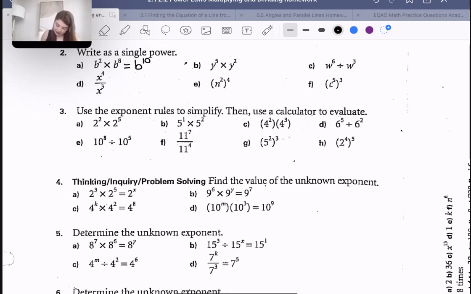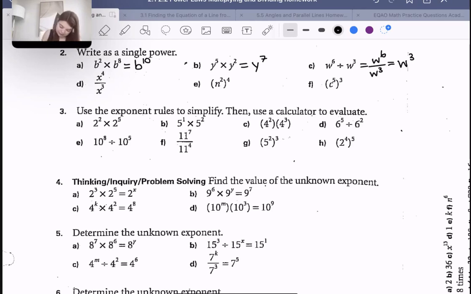Then we have y to the power of 5 times y squared, which is y to the power of 7. Then here we have w to the power of 6 over w to the power of 3. And so we subtract our exponents and we get w to the power of 3 as our final answer.